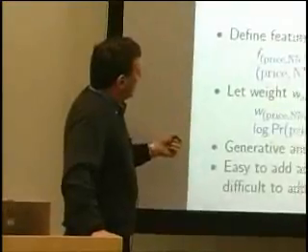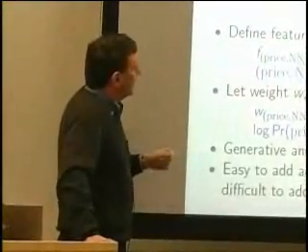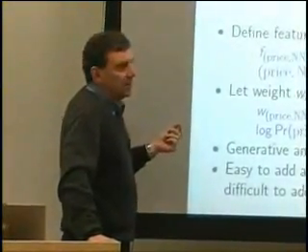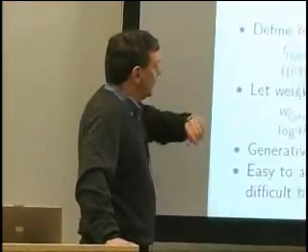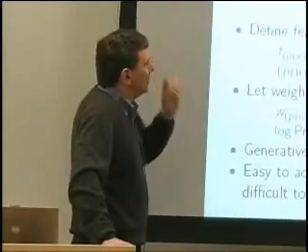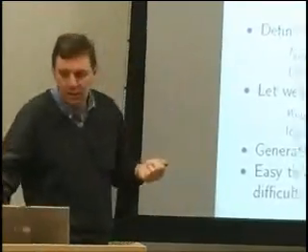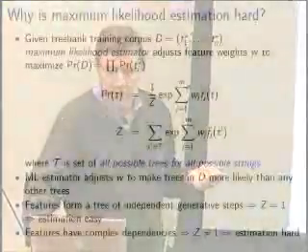So one big plus of the log-linear approach is that it's very easy to incorporate new features, and we'll see that being used. Whereas in the generative model, you really have to rework all the different conditional probability distributions.